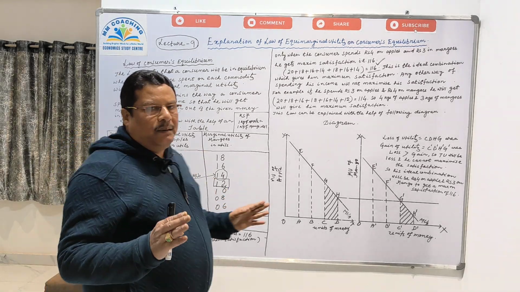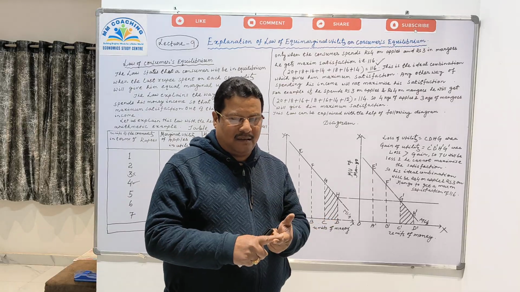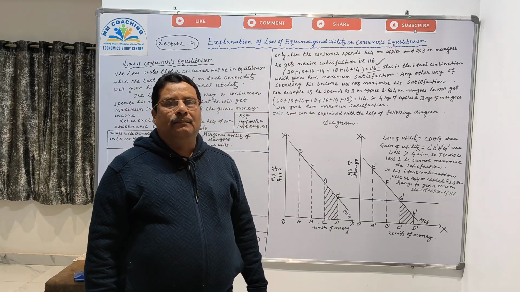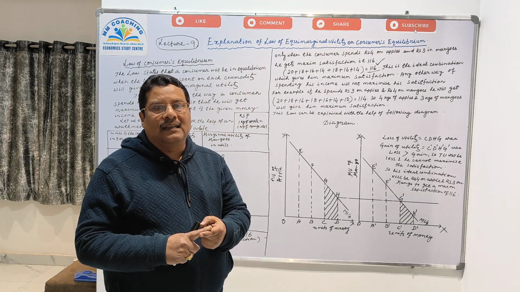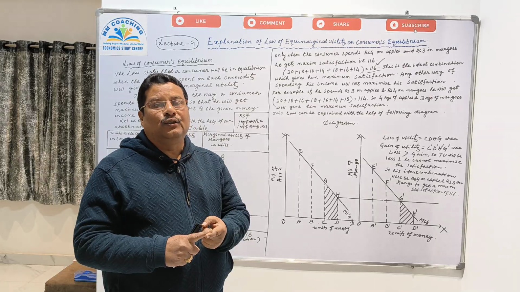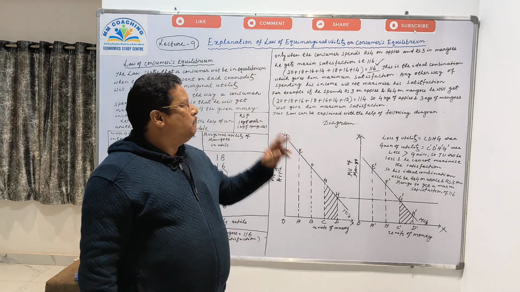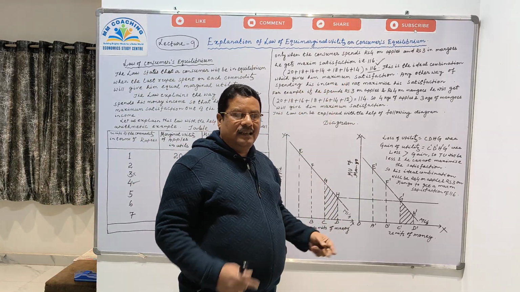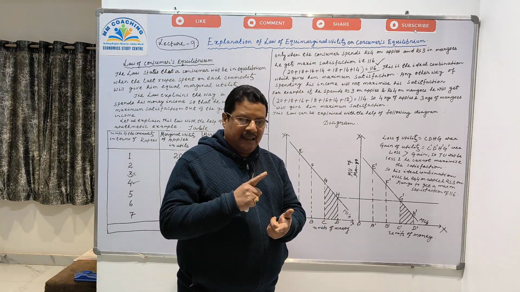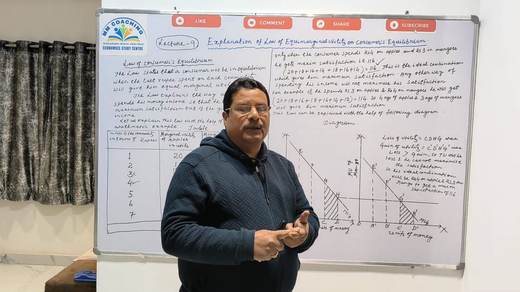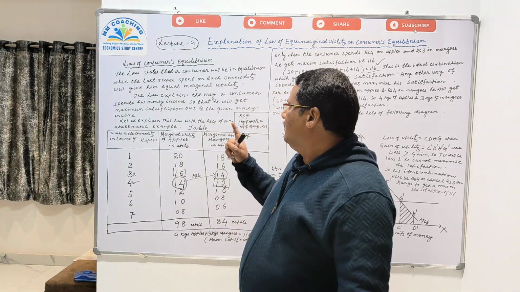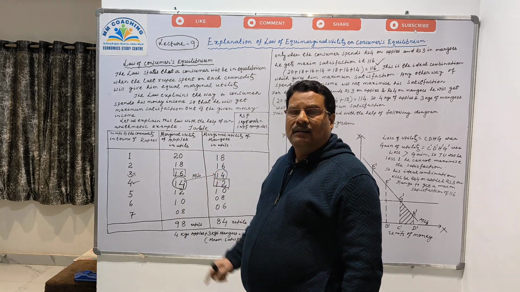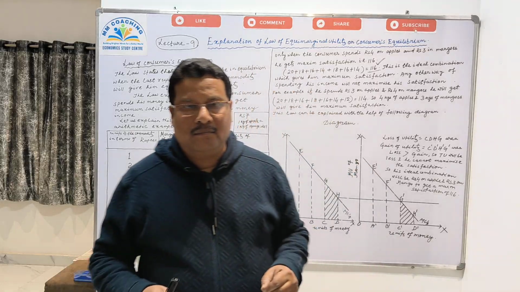So you can take so many combinations, but only one combination will be the ideal combination for the consumer to get maximum satisfaction, that is 116, when he spends rupees 4 on apples and rupees 3 on mangoes.